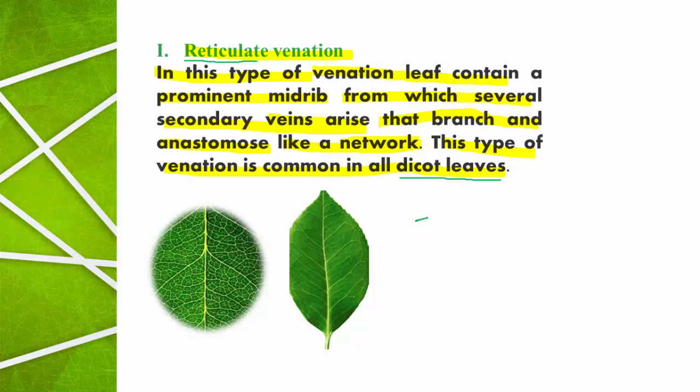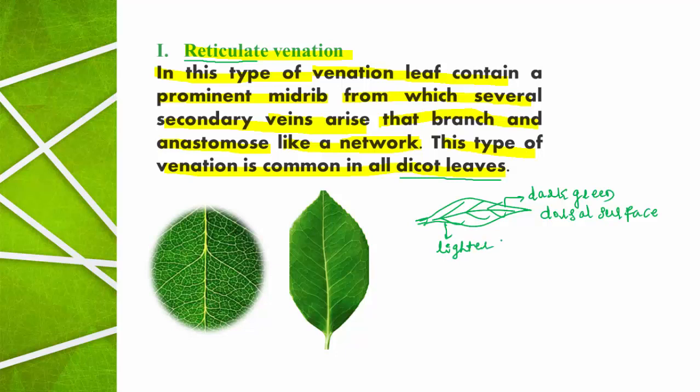Dicot leaves are characterized by two distinct surfaces. The upper surface of the leaf is dark green in color and this surface is called the dorsal surface. The lower surface is a little bit lighter green in color.